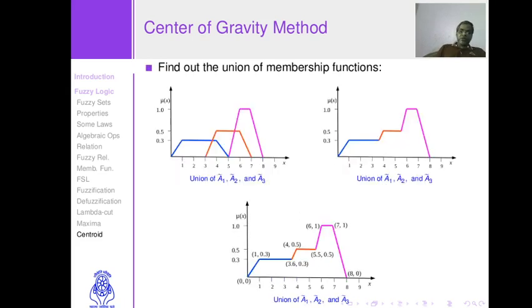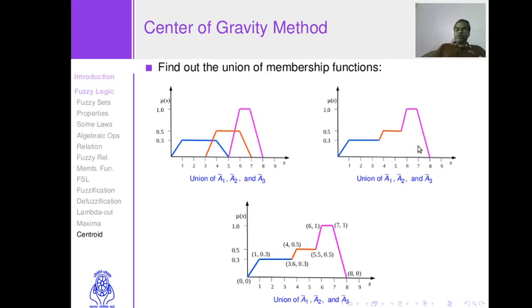We can perform the union of these three membership functions like this. Just put them all together as in this figure, and remove these curves which are inside the outer curve. This is the outer curve, so the inner curves are removed and we get this curve.